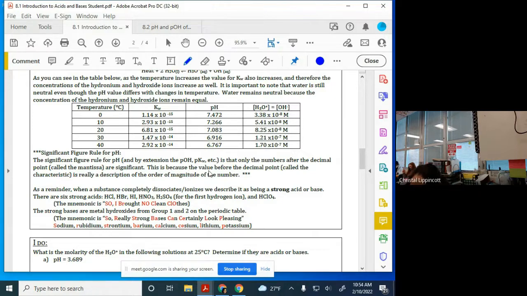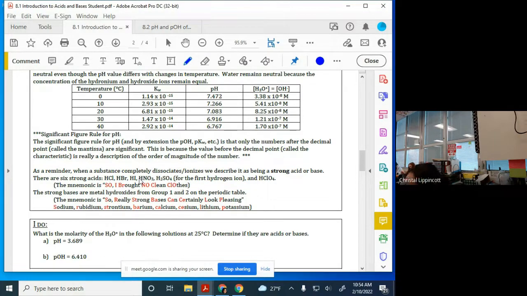This is because the value before the decimal point is called the characteristic, and that's described as the order of magnitude of the number. But I would be very, very surprised if they ever had a sig fig question on the AP exam that was driven by that. That would be very, very surprising to me.